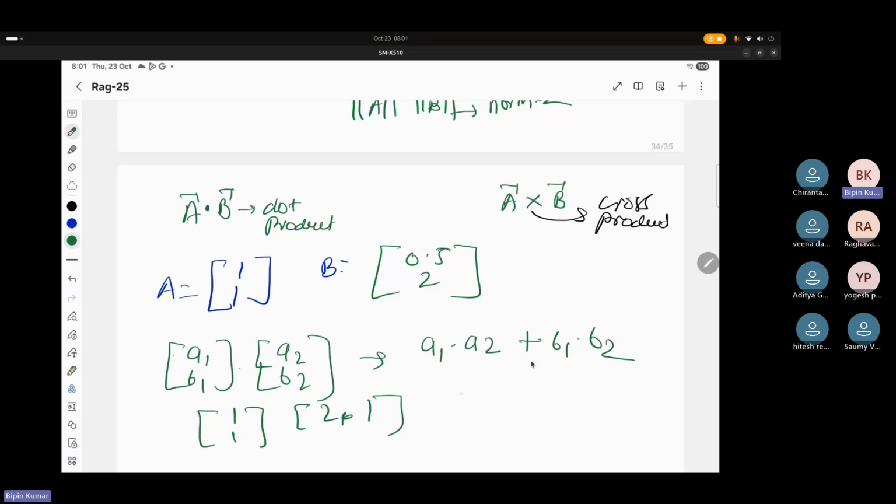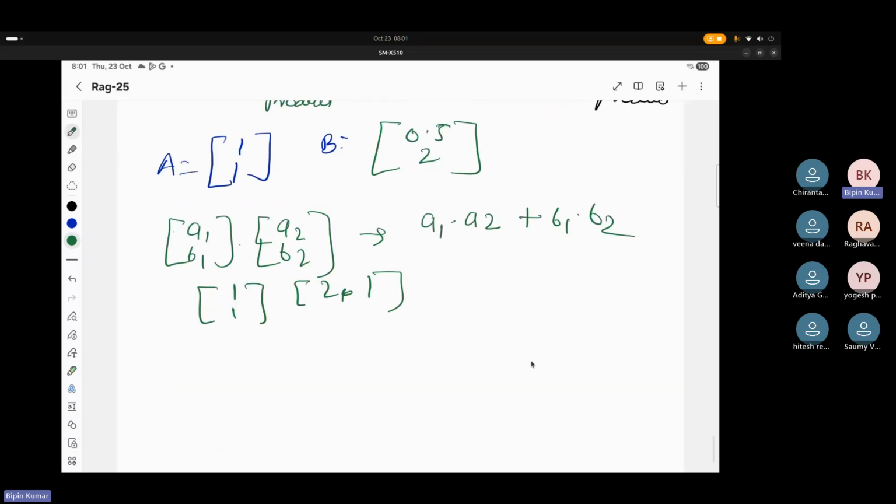It is a summation: you have to multiply and sum the things. So for example here, a dot b will be 1 into 0.5 plus 1 into 2. So 1 into 0.5, 1 into 2. That will be your dot product.